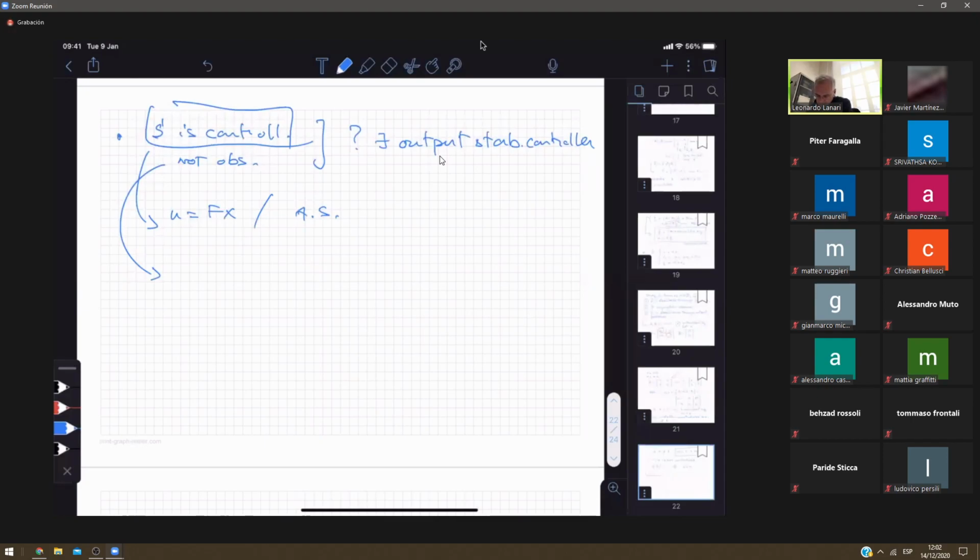We know that we can build an observer if the system is detectable, which means that since we are assuming there exists an unobservable subsystem, if and only if the unobservable subsystem is asymptotically stable.